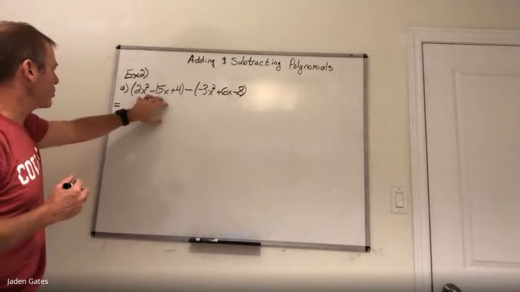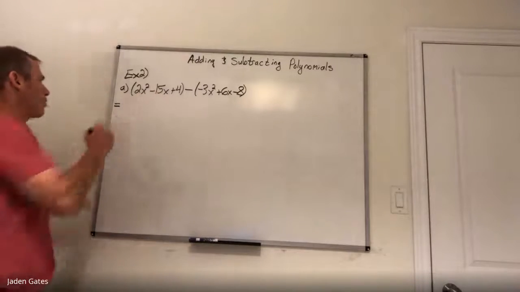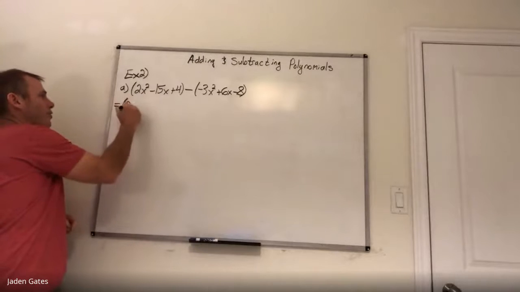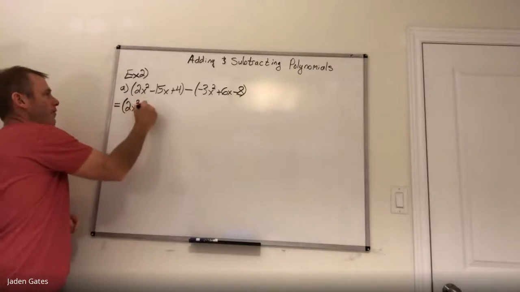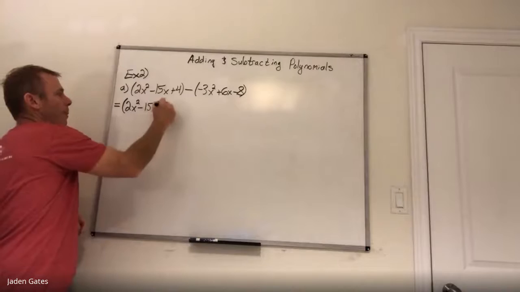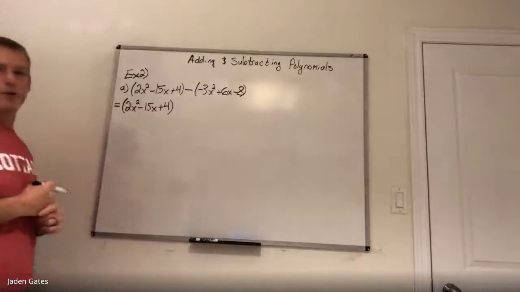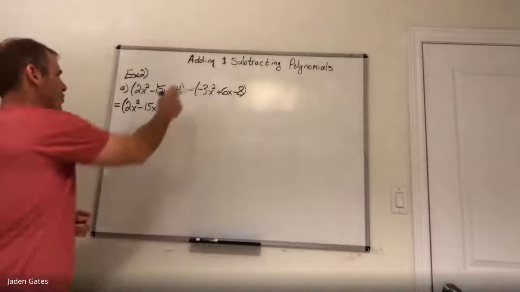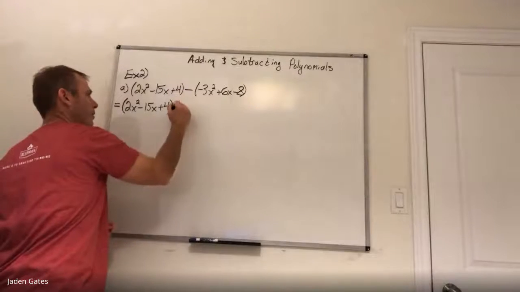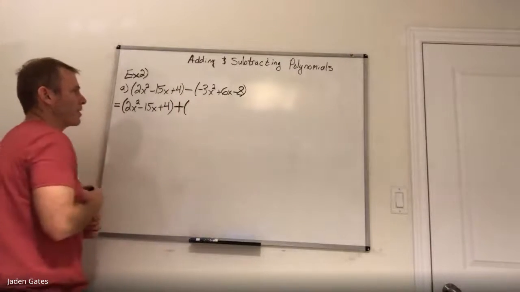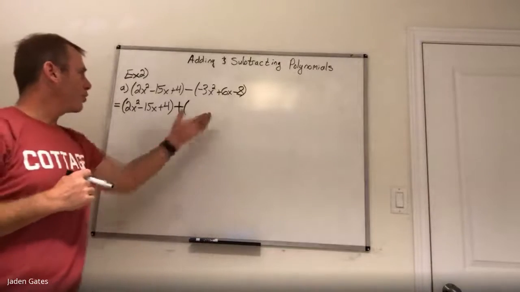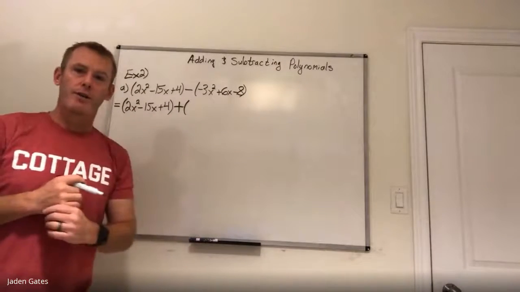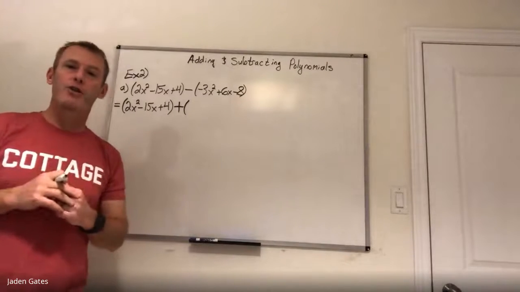But I'm not going to touch the first polynomial. So the first polynomial I'm going to rewrite here. So I get 2x squared minus 15x plus 4. That is not going to change. Now, like I said, I'm going to change the subtraction question into an addition question. But here's the adjustment. In the polynomial, after the subtraction sign, everything's going to change to be the opposite.